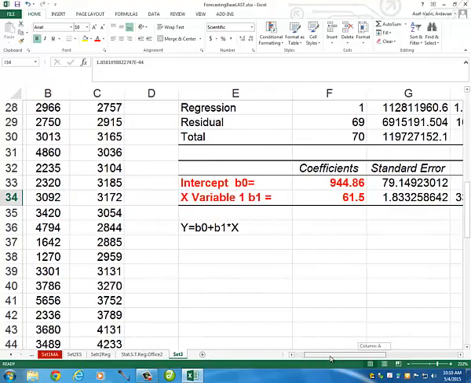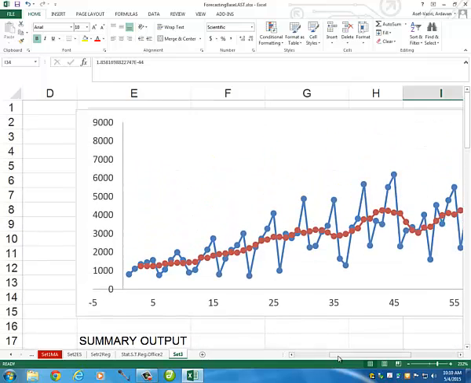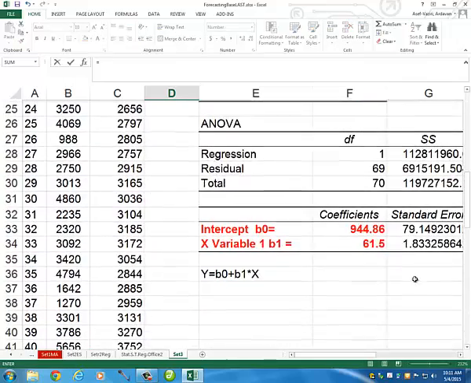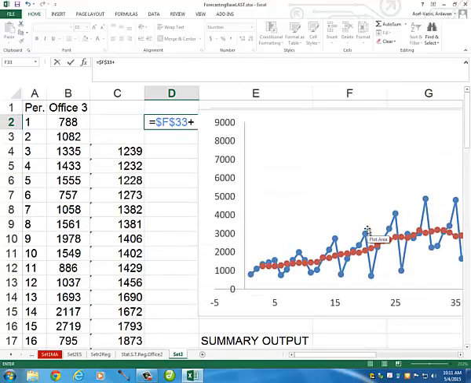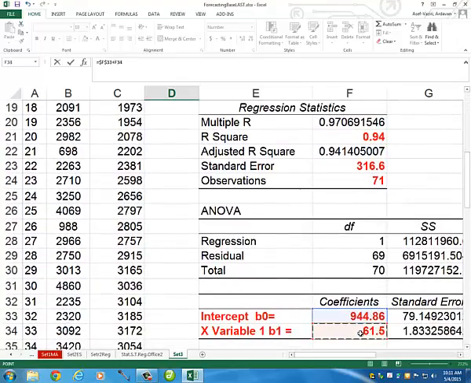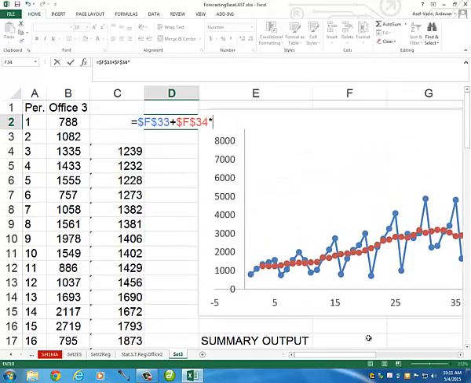Now if I want to create a regression line for these data, I can do this. I go here and say equals the intercept, which is here, and lock it because I'm going to copy it down, plus the slope, which is here, and lock it because I'm going to copy it down, multiplied by this value, and don't lock it.